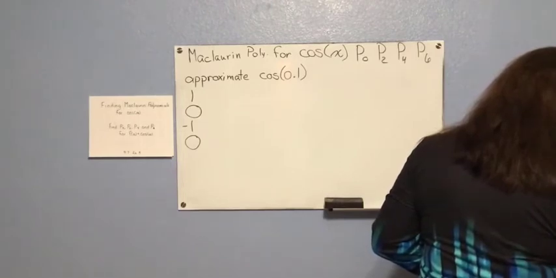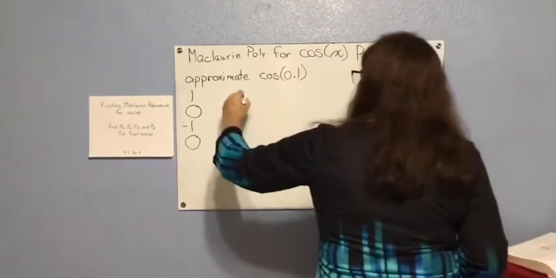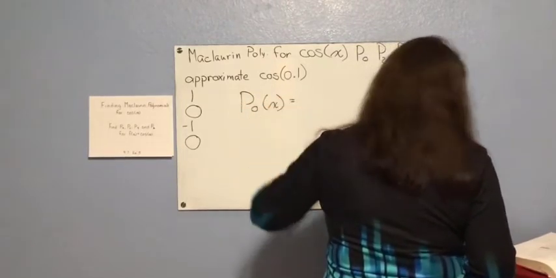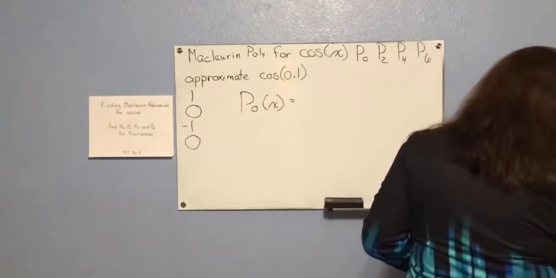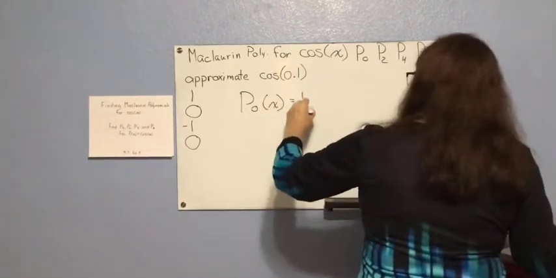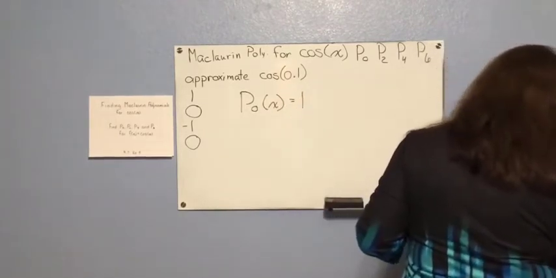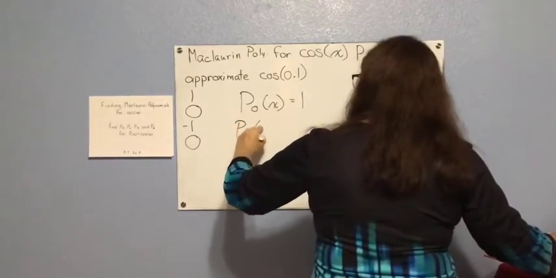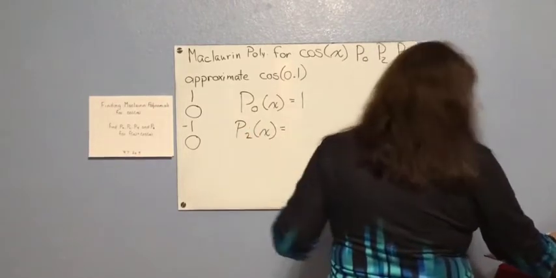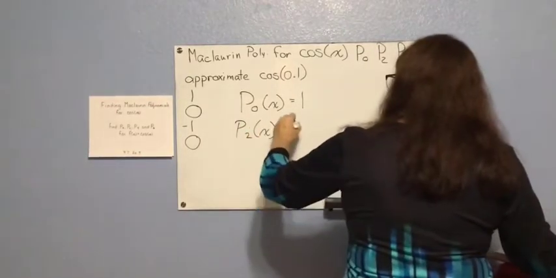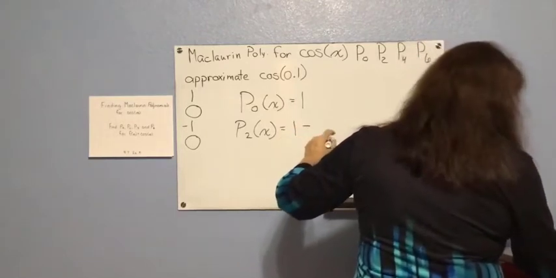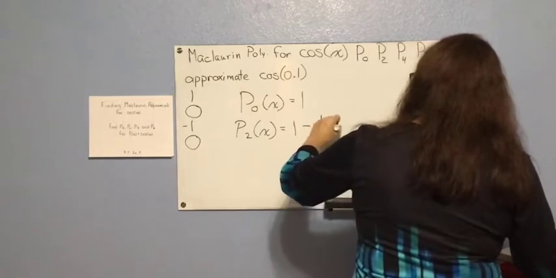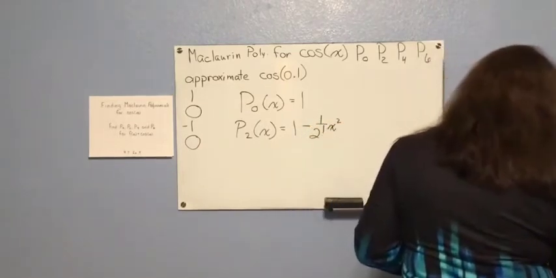So now I want p sub 0 of x is equal to 1. P sub 2 of x is equal to 1 minus 1 over 2 factorial x squared.